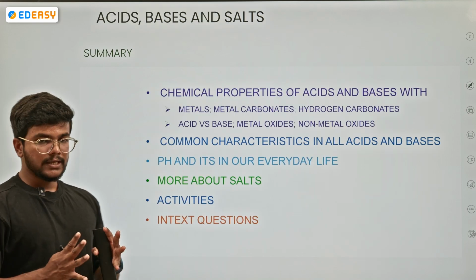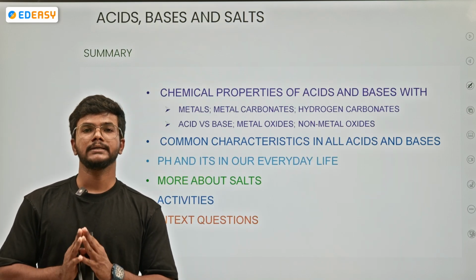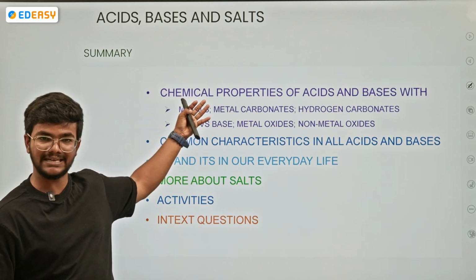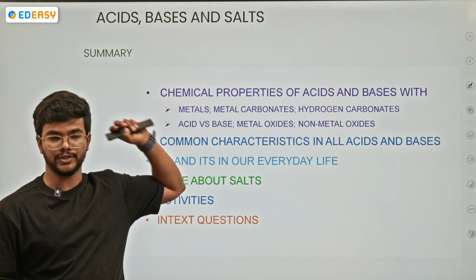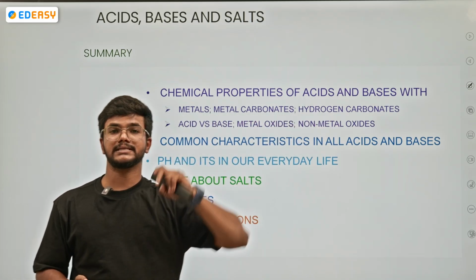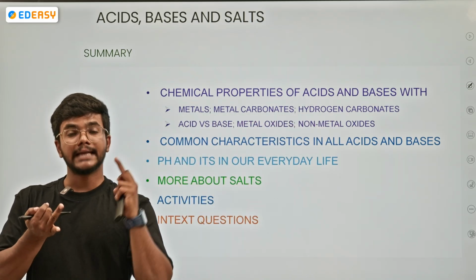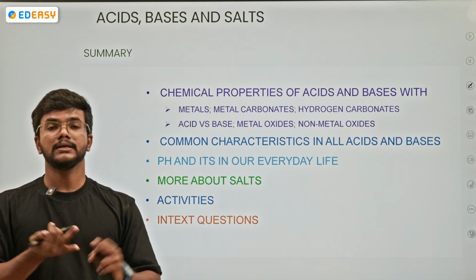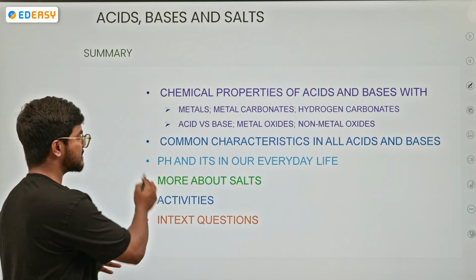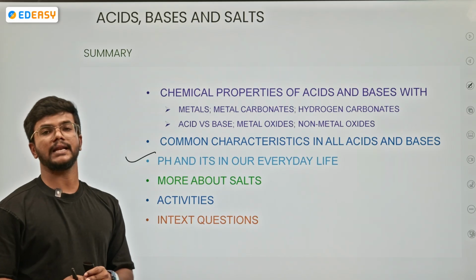So the summary of this topic: we completed the chemical properties of acids and bases with the activities and questions. Next, the common characteristics of acids and bases: electric conductivity, dilution of acids and bases, with examples and activities, and pH in everyday life.